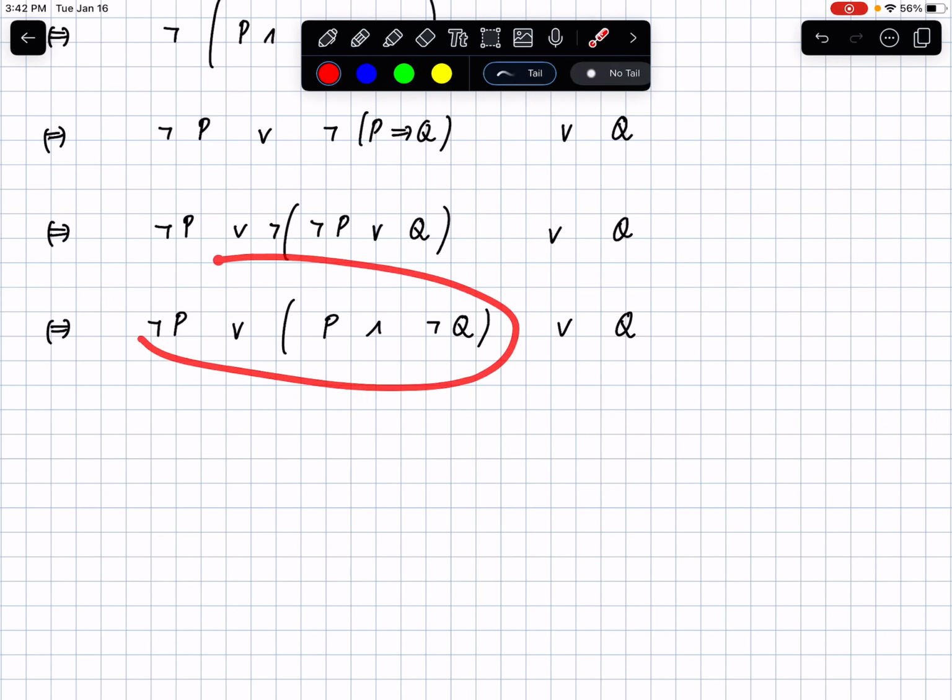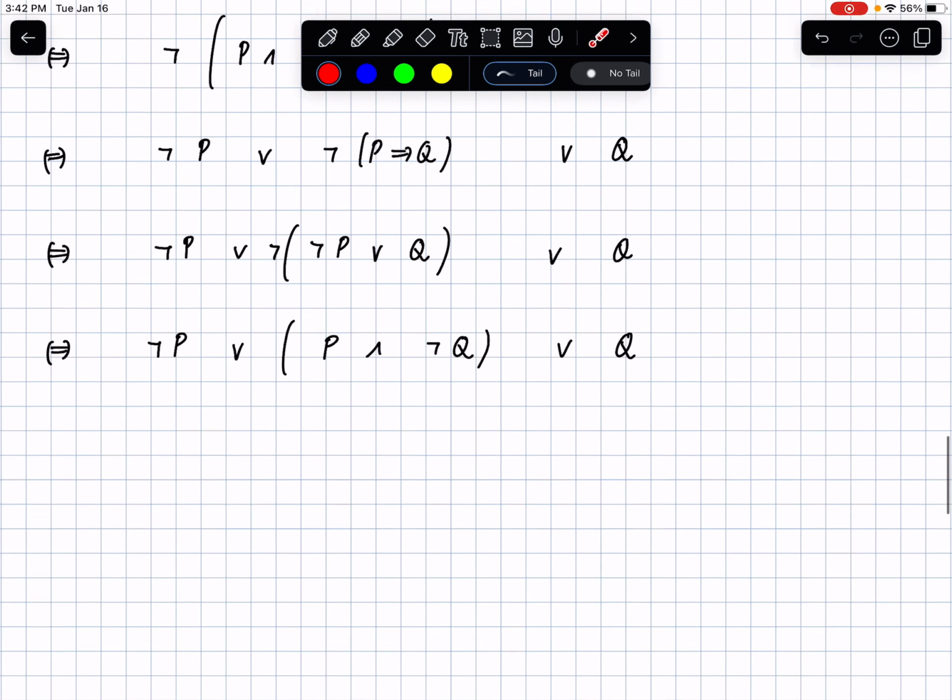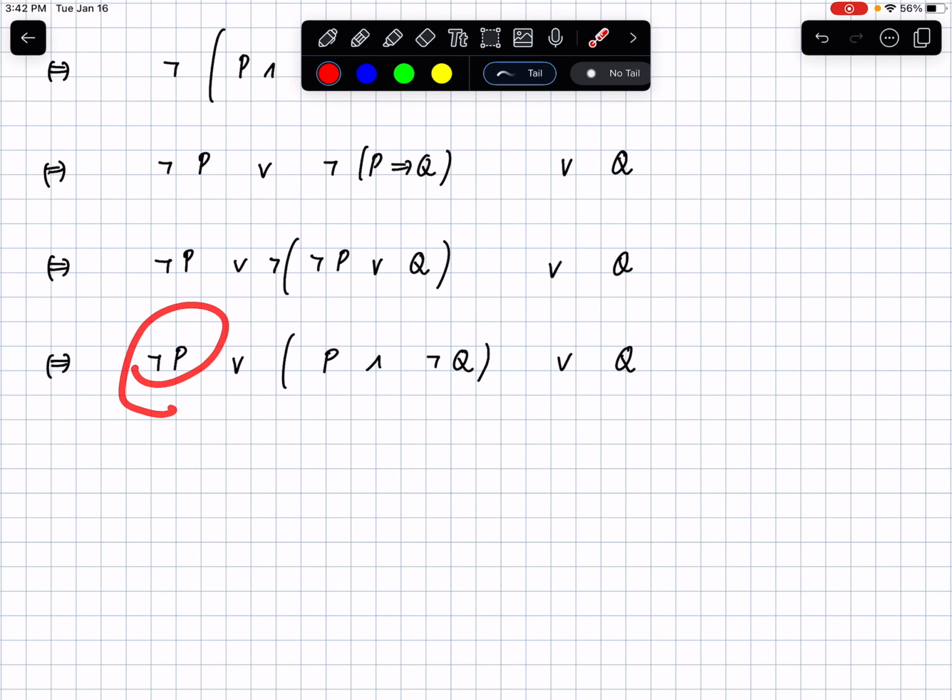Look, in this step we see A or (B and C), so by the distributive property, maybe let me recall it here.